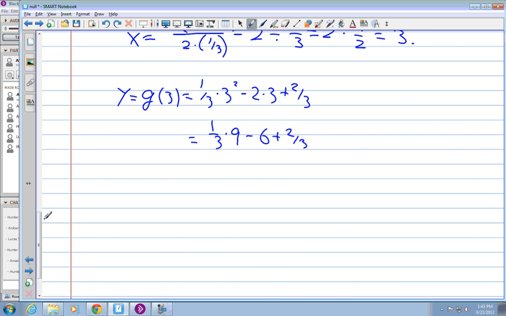What is 1/3 times 9? 3 minus 6 plus 2/3. So that's negative 6 plus 2/3. I'm sorry, negative 3 plus 2/3. And what is negative 3 plus 2/3? Negative 2 and 1/3, right? Whatever that is. So that's the vertex: 3, negative 2 and 1/3.